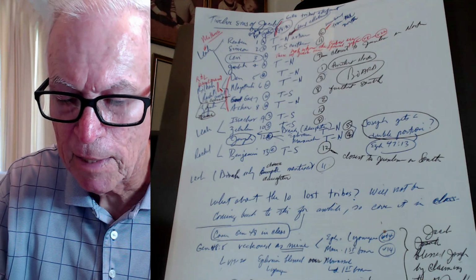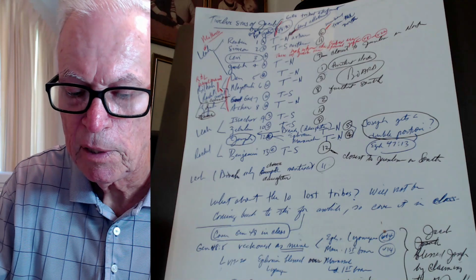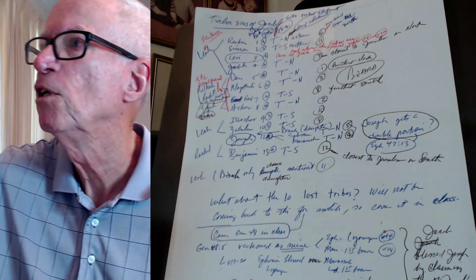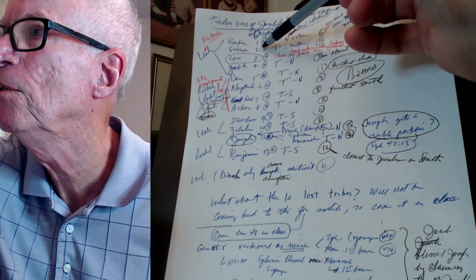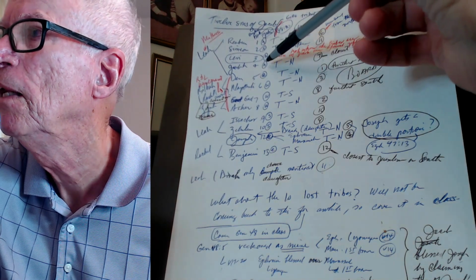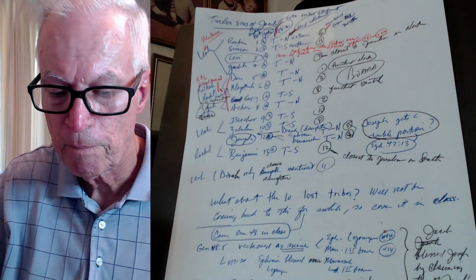On the north side, the 3 gates on the north side will be the gates of Reuben, Judah, and Levi. So we go to Reuben. He's got an N and a little N in a circle. Levi gets an N, and Judah gets an N. Those are the northern gates.